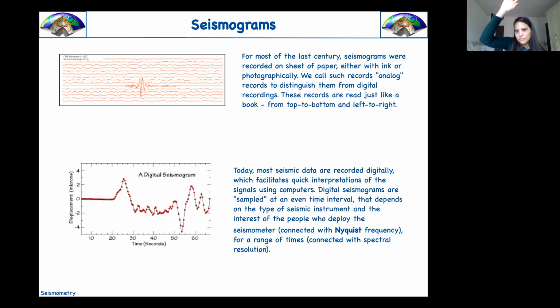Okay, it's a comb function. Yes. But with spacing 1 over delta t. Now, this is the sampling step. This is the sampling frequency.